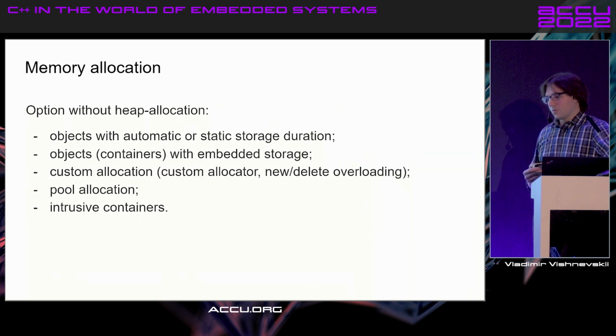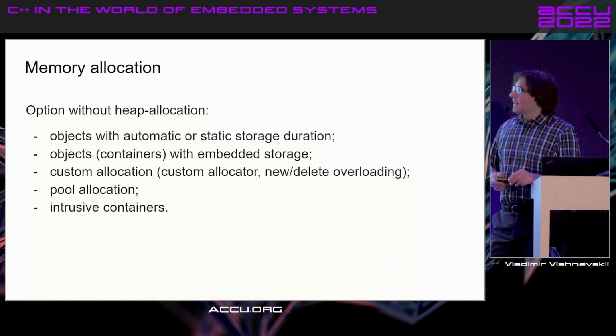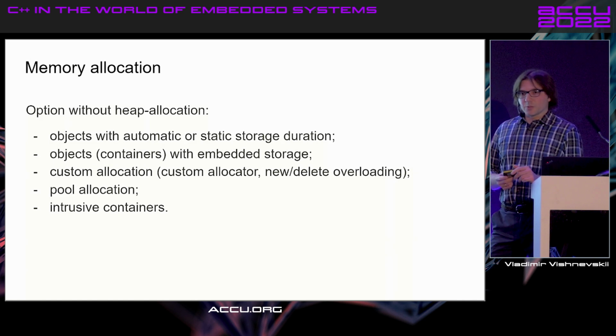As we mentioned before, there are limitations regarding memory allocations. Heap allocation is critical in the embedded environment. So what are the alternatives? What can be done to avoid this?